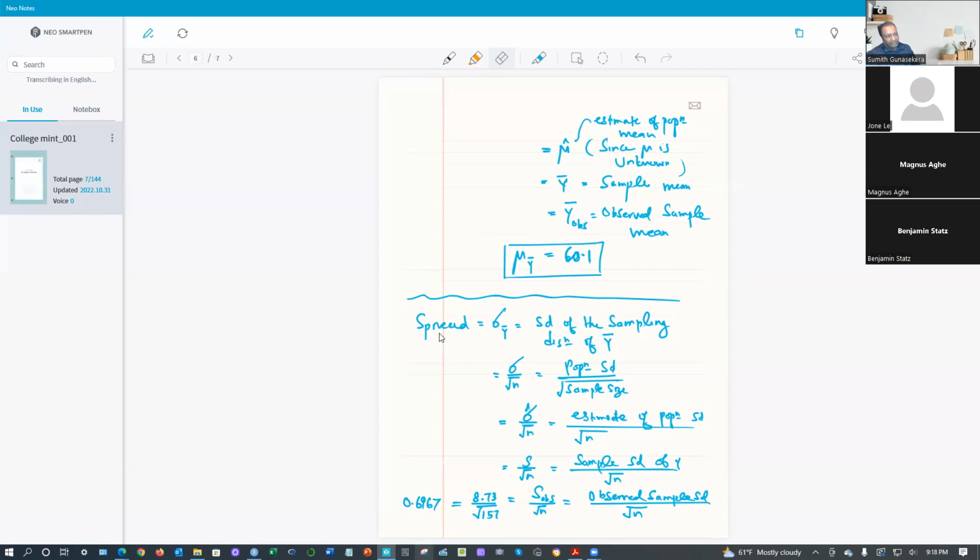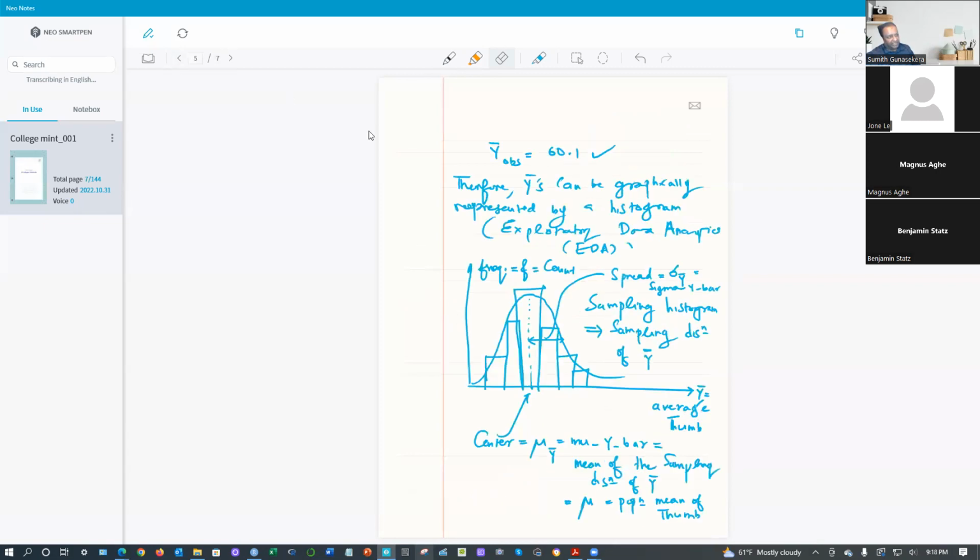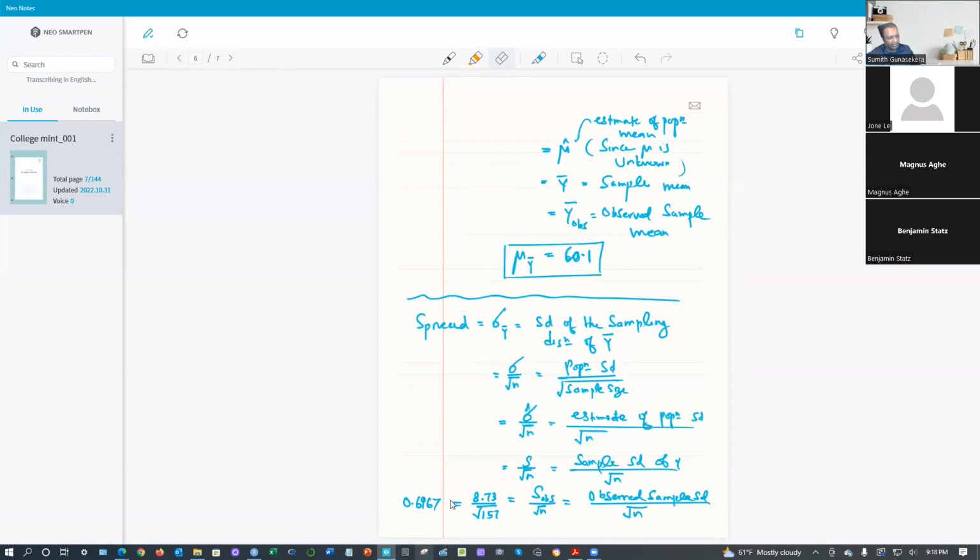If you use this value for the spread, there's nothing wrong with that because of the rationale, the explanation or reasoning I'm giving.